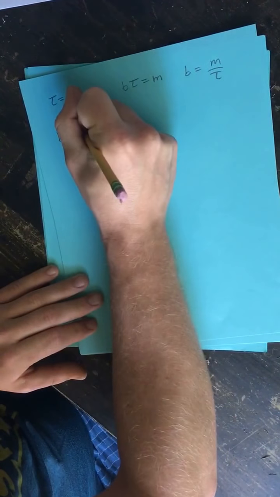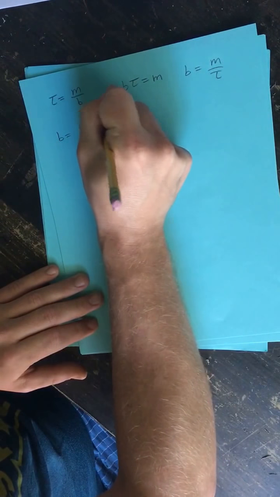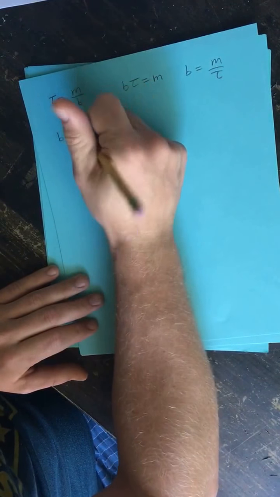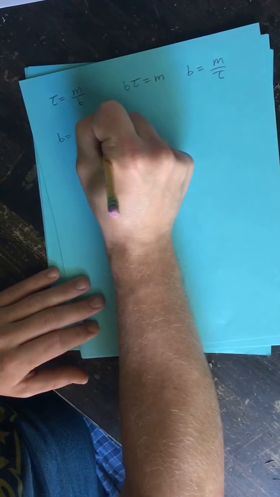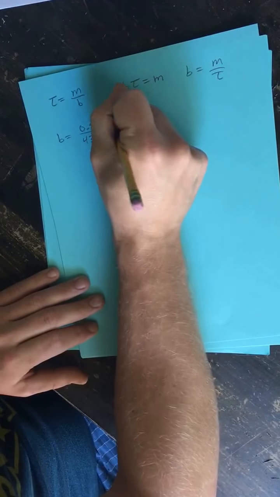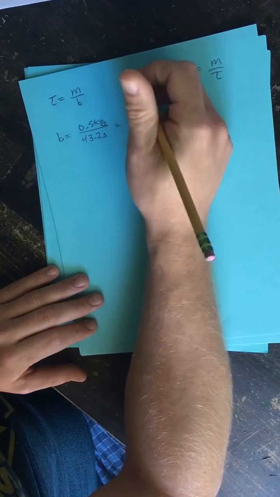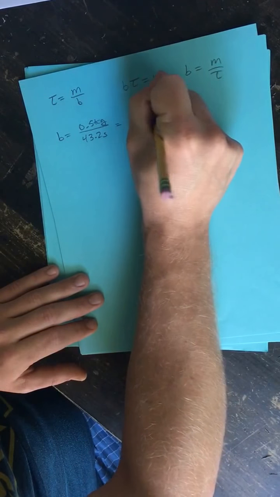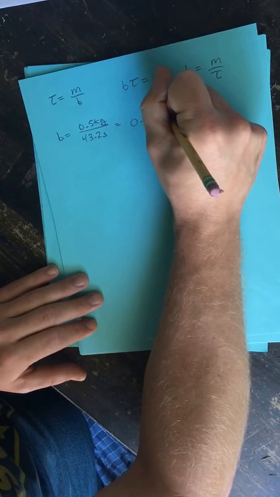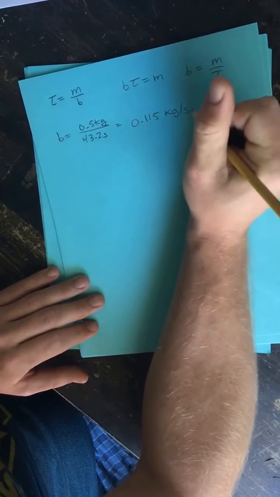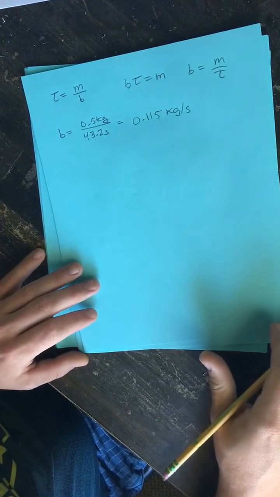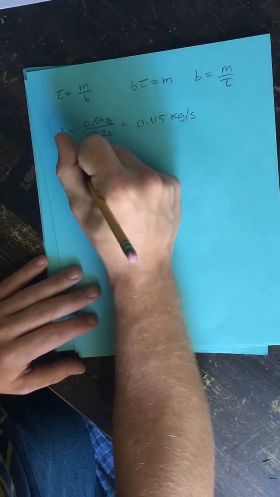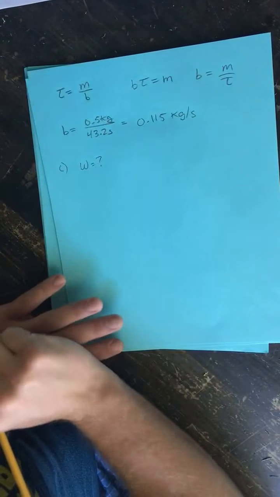So b is going to be equal to 0.5 kilograms divided by our 43.2 seconds. Plugging that into our calculator, we get a value for the damping constant of 0.115 kilograms per second.